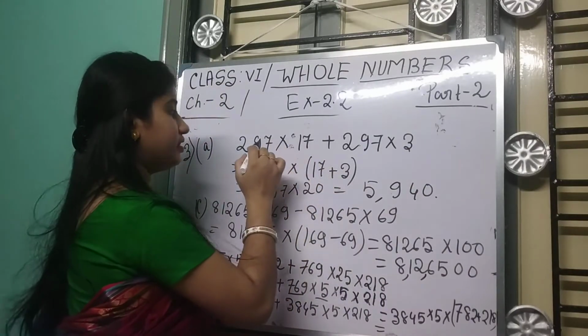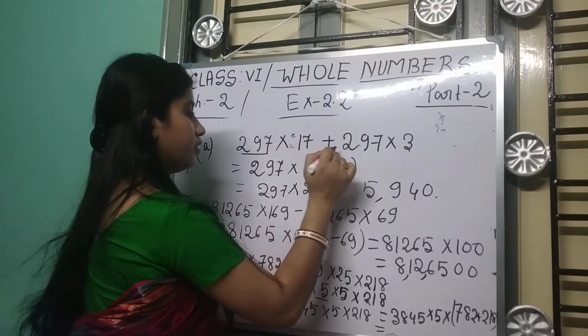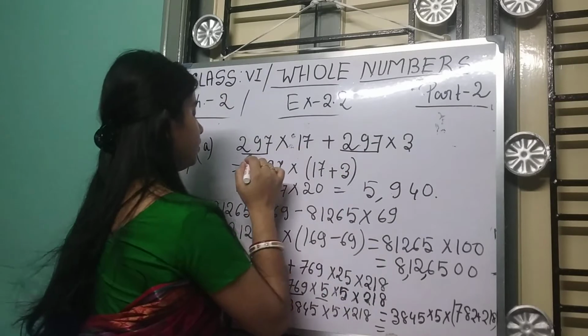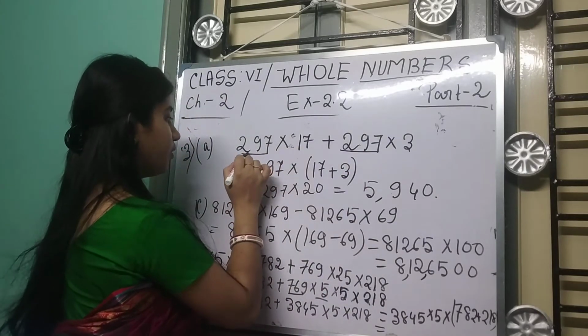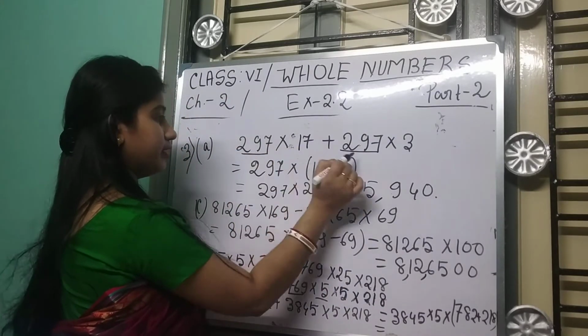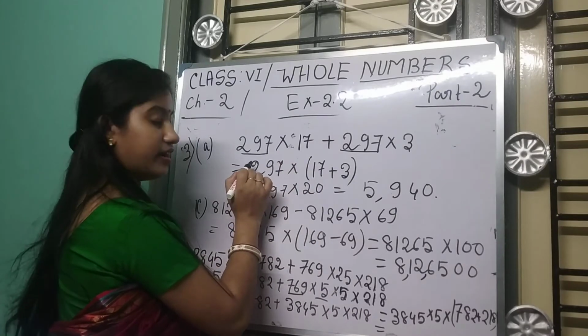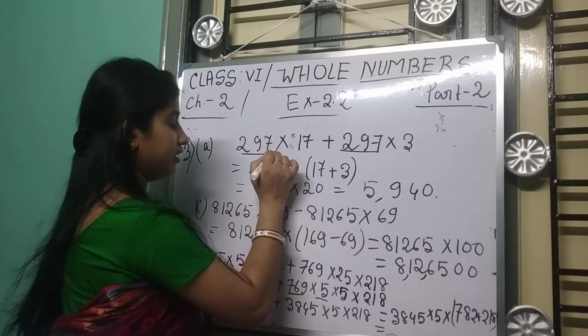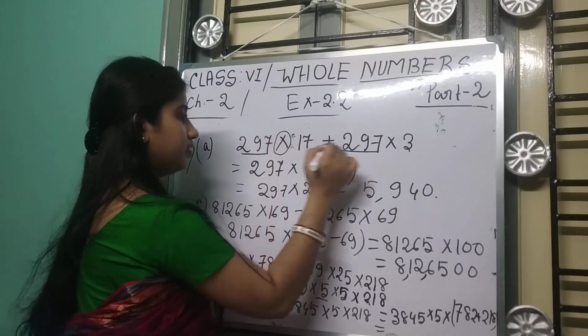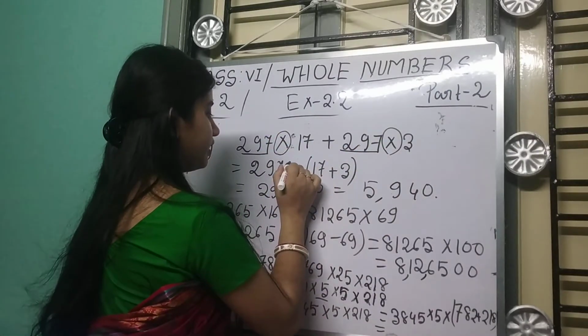So we see that 297 is common in both. So we take out this common number 297. Taking it common means we first write 297 and then the multiplication sign.